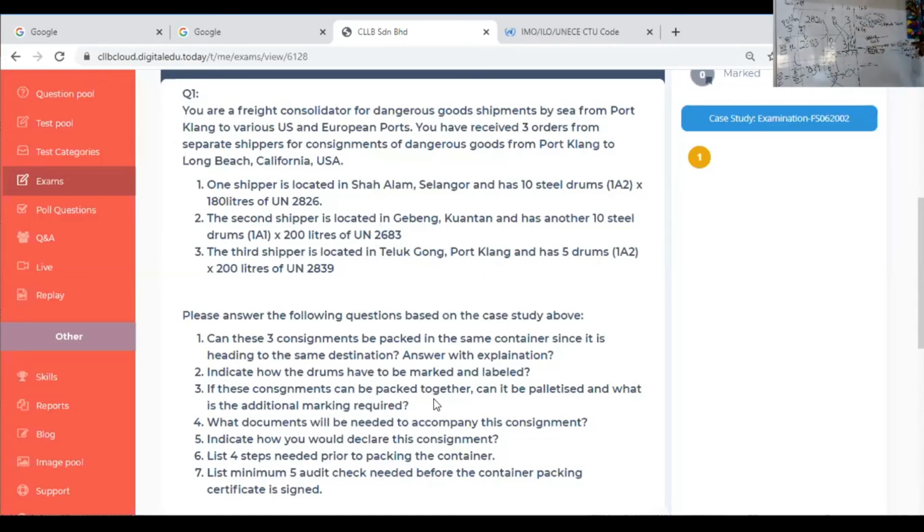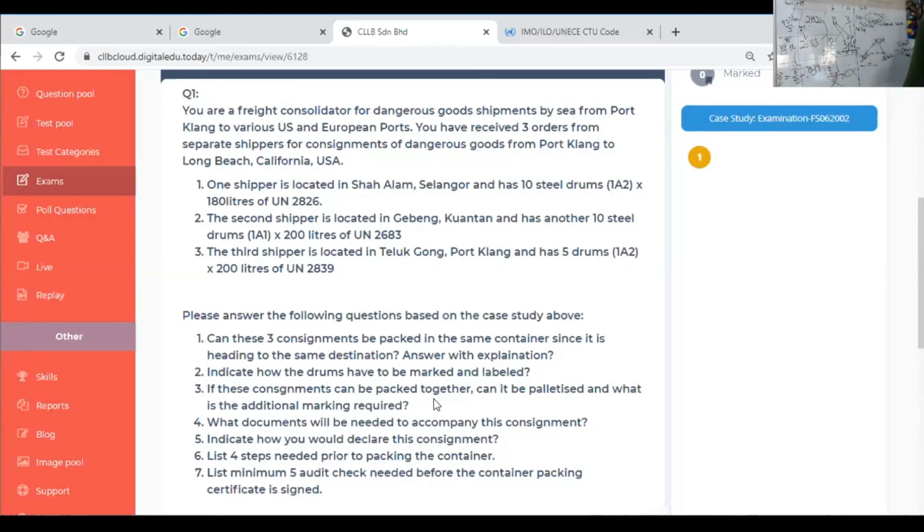Now all we want to determine is whether this is ammonium. Is 2839 in SGG2? No. So even this doesn't apply. And SG68 will not apply because this is not a class 3 or a 4.1. So in these 3 consignments, 2826 and 2683 cannot be packed together. However, 2839 can be packed either with 2826 or with 2683.